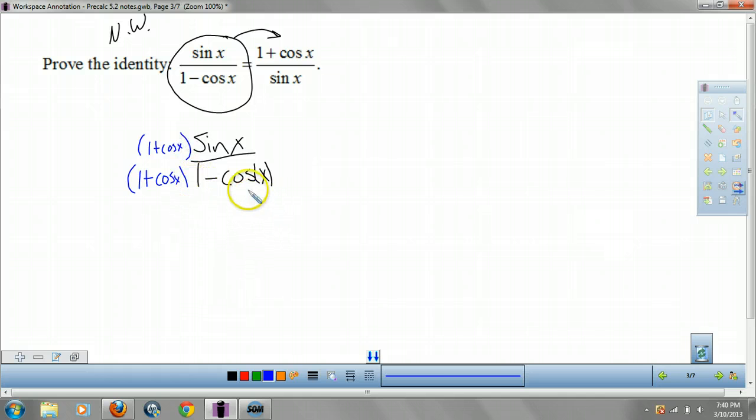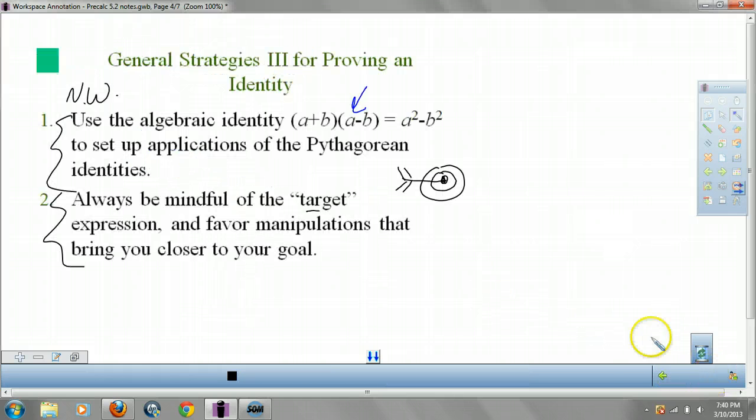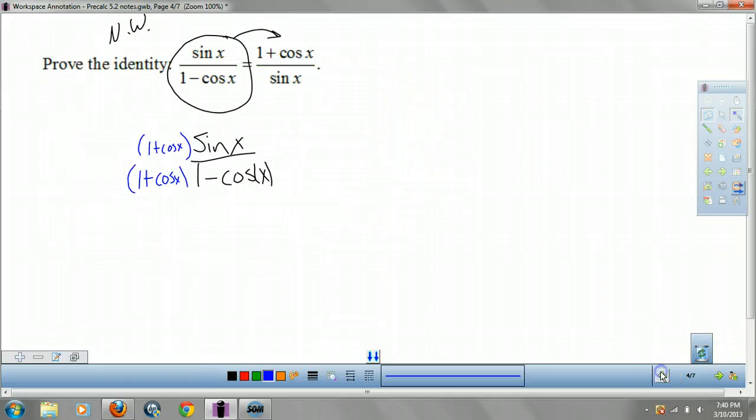Now according to my rules, this becomes a squared minus b squared. Here in our bottom, our a is 1, so we get 1 squared minus cosine squared of x.